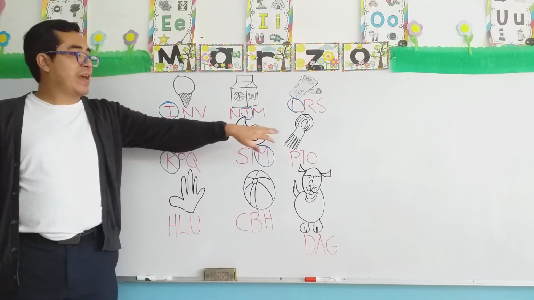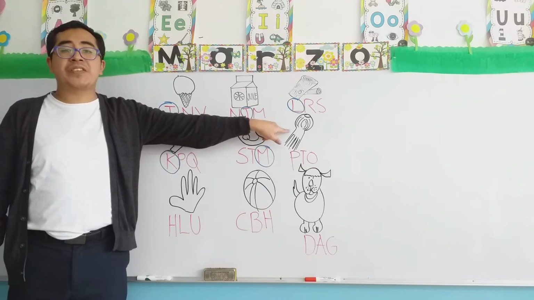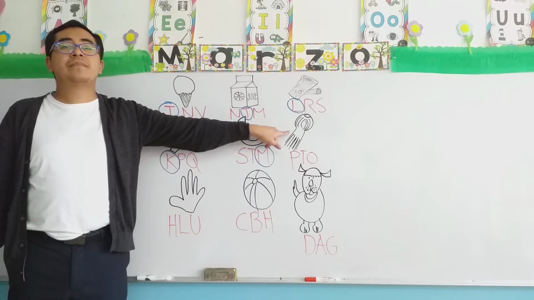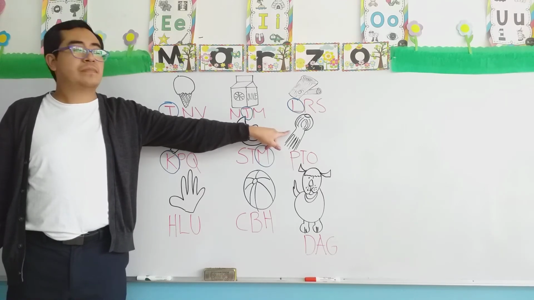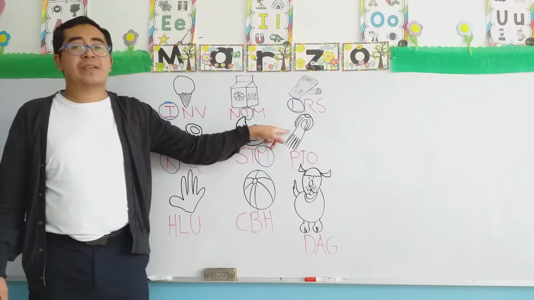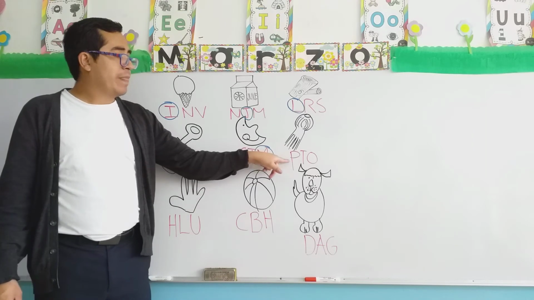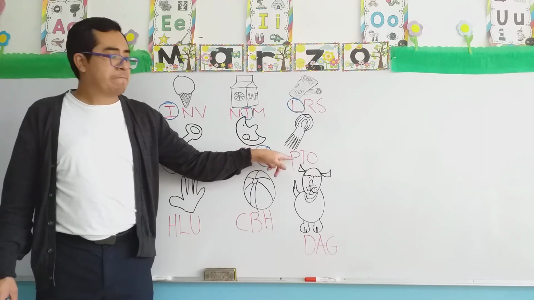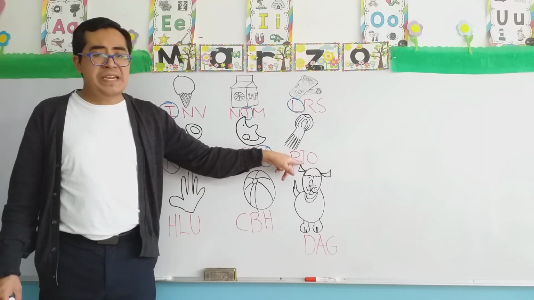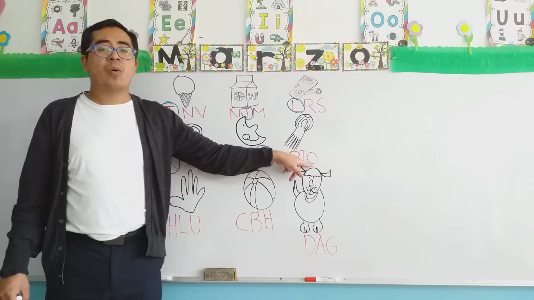Then we have a vegetable. Now, do you remember the name for this vegetable? Onion. Excellent. Now for onion, what letter do we use? Letter B, letter T, or letter O?